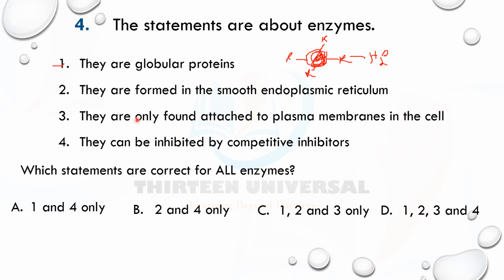No, they are not only found attached to plasma membranes. Most enzymes are in the cytoplasm or in some organelles. So this is true for some enzymes, but not all enzymes. But all enzymes are globular.